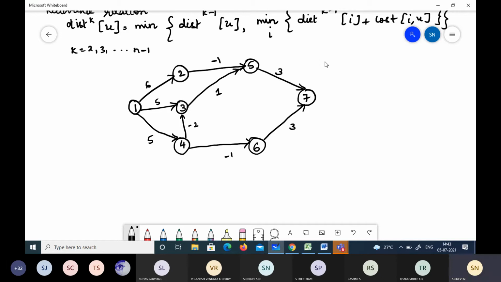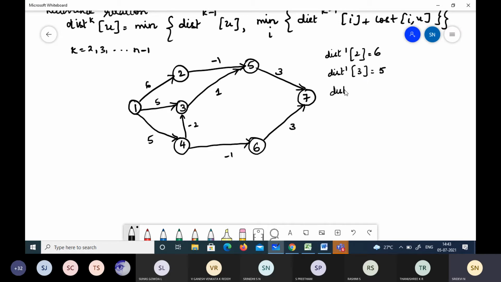We will calculate the distance from 1, as the source is 1, to all other vertices, and whether each is reachable or not, that we will note down. Distance from 1 to 2 is 6, and distance from 1 to 3 is 5.